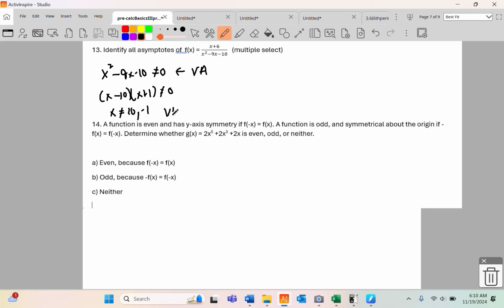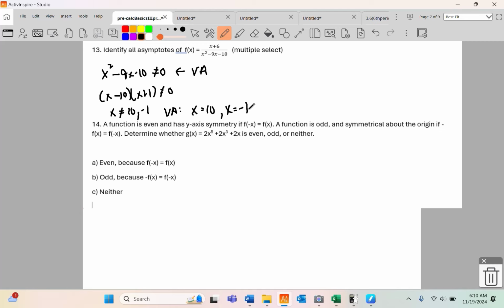Now these are my vertical asymptotes. The vertical asymptotes are ironically at x equals 10 and negative 1. Now, I know that seems weird to some kids, but that means you don't know what a vertical asymptote is. A vertical asymptote is a line you cannot cross. You will not cross it.